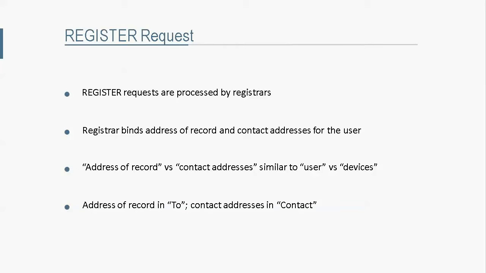Registrar binds address of record and contact addresses for the user. Address of record and contact addresses can be compared to user and devices the user can be reached at. Address of record is in the To header field, whereas contact addresses are in the Contact header field.